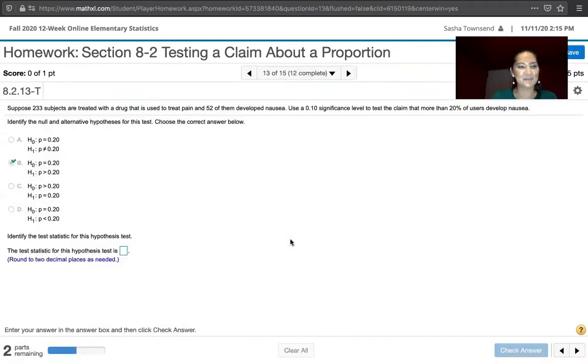Great. Now we're asked to identify the test statistic for this hypothesis test. So what that tells me is that they are not expecting us to use the binomial probability distribution. If they're asking us to compute a test statistic, they're asking us to use that normal approximation. So I'm going to do that here. I'll share my paper with you.